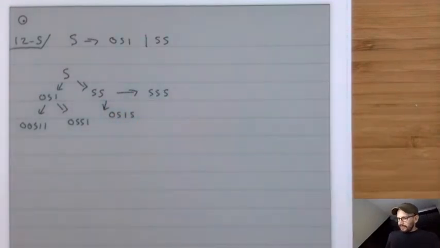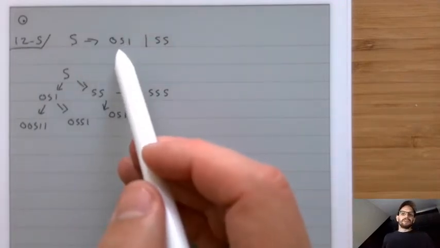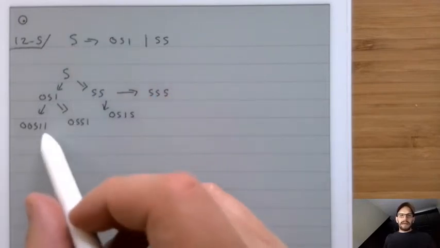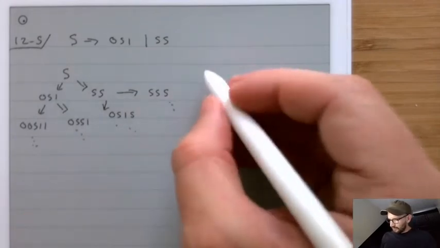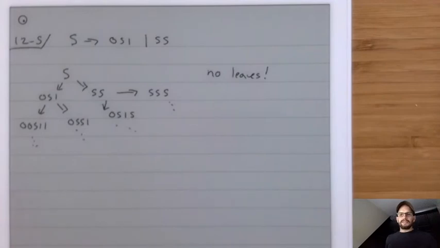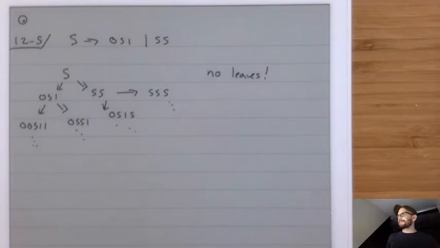So notice that in each one of these cases, the right-hand side includes an S. There's no way to remove an S, and so it turns out that this tree has no leaves. And since it has no leaves, that means that this tree has no strings inside of it. This context-free grammar is empty. That's interesting.